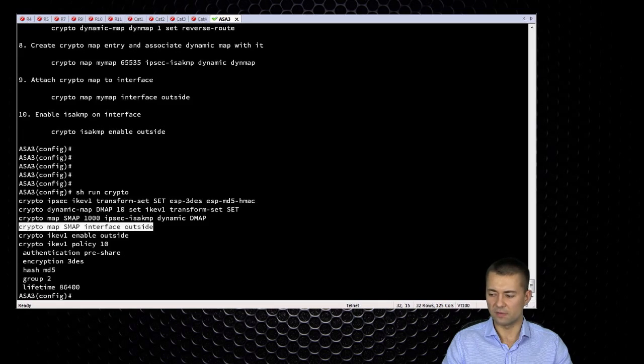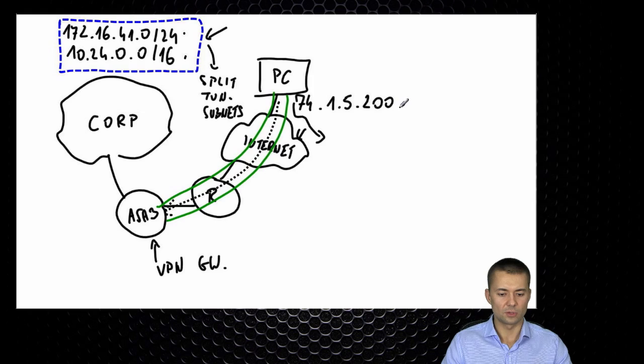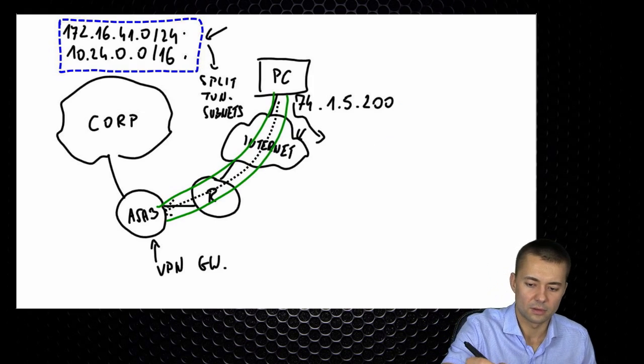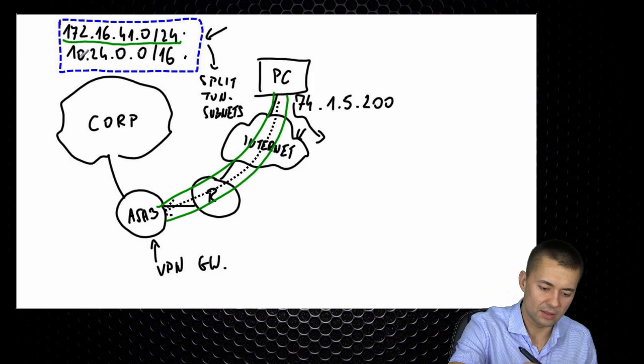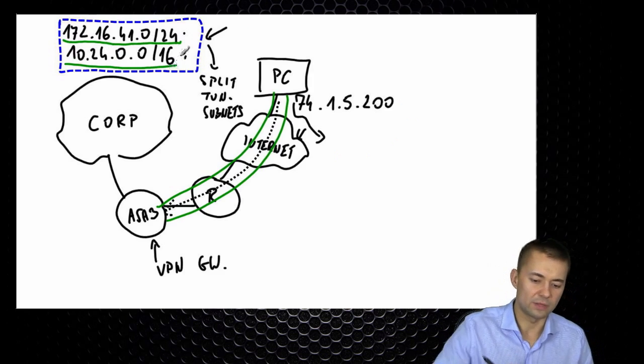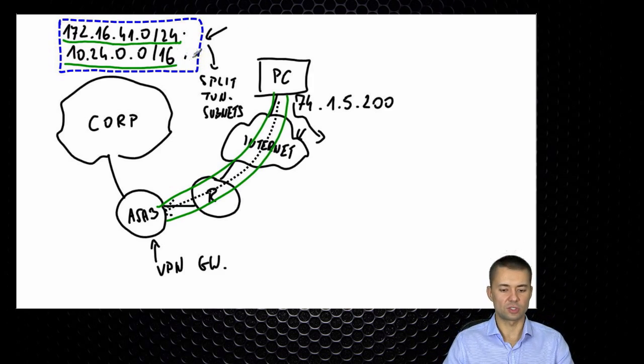Apparently I have lost connectivity previously. So I will be trying to reach two devices, one in this subnet and then another one under 10.24.0.0/16.